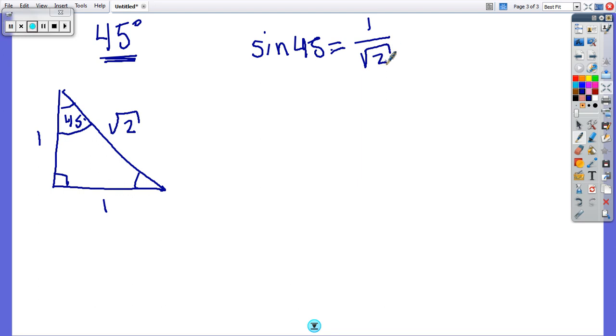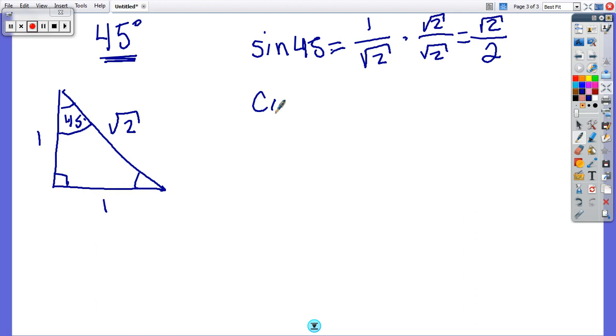Now normally this would be fine, but since we have a square root on the bottom, you're not allowed to have an irrational denominator. So how do we get rid of the square root? We have to multiply by 1. Root 2 over root 2 is actually the same as 1. So it's going to give me 2 on the bottom and root 2 on the top. Root 2 over 2 is the same as sine of 45.